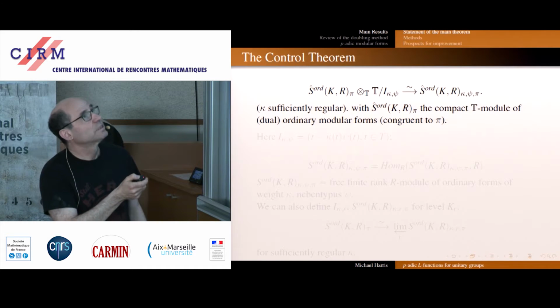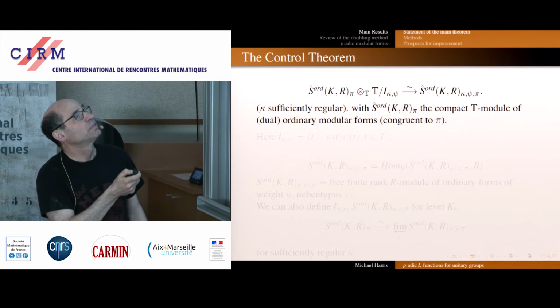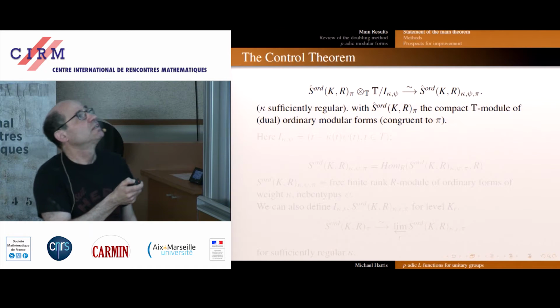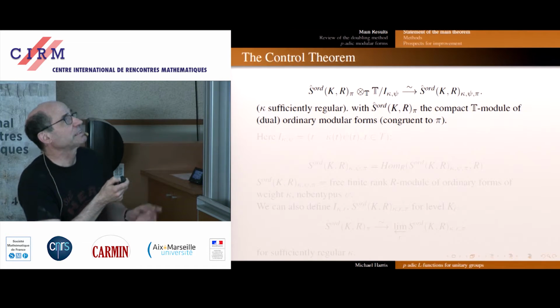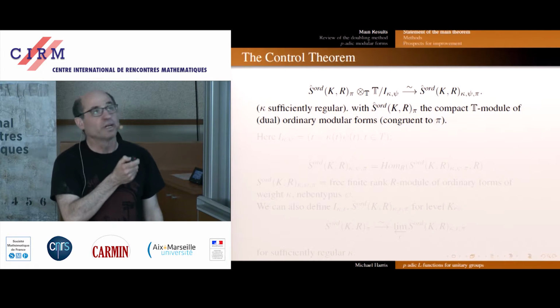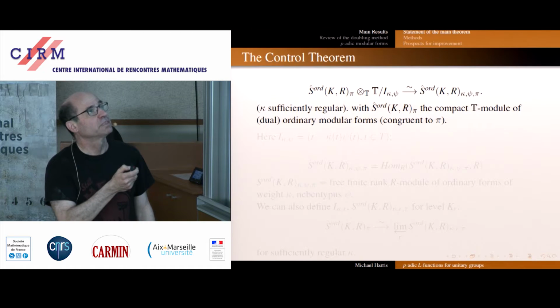So this is a finite rank lambda module, this thing, which happens to have an action of this Hecke algebra T. And this can be thought of as the duals of ordinary modular forms of variable weight congruent to our fixed pi, the one that was fixed at the beginning.